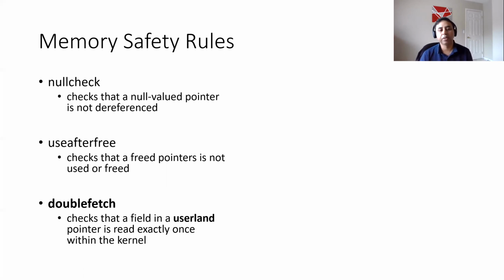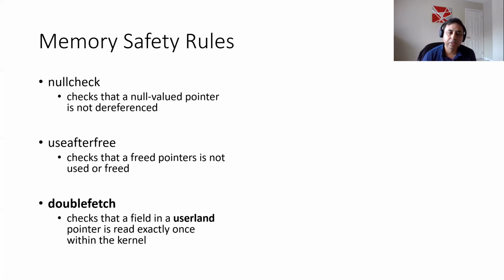The interesting aspect is the double fetch rule. It's a rule that has been in focus in recent years because of the security implications. So it checks that a field in a user land pointer is read exactly once within the kernel. So what's a user land pointer? It's a pointer that a user can control.